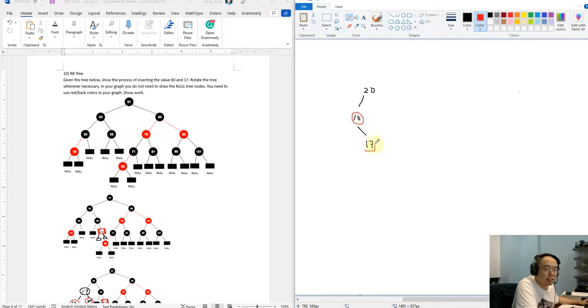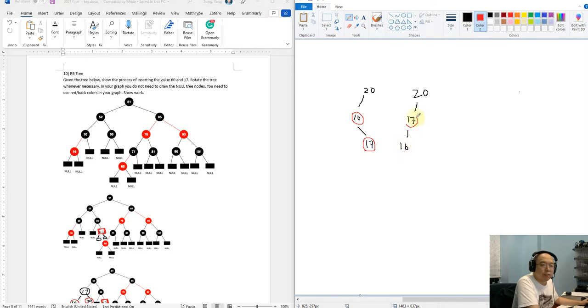This 17 is going to be a red value again. Okay, so in this case, do we violate any of the RB tree properties? The answer is yes, because we have two red nodes next to each other. So how do we fix that? The process will be, first we want to do a rotation. We want to do a 20 and then a red 17 and then a red 16.